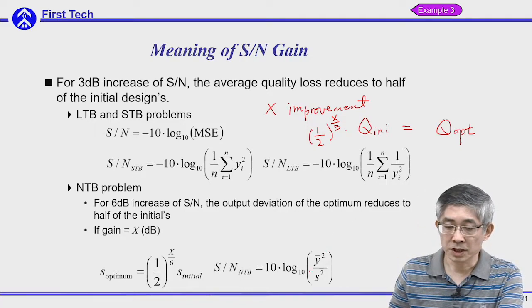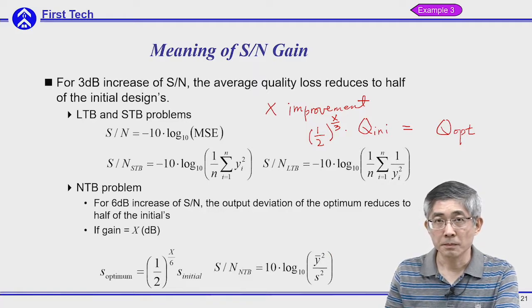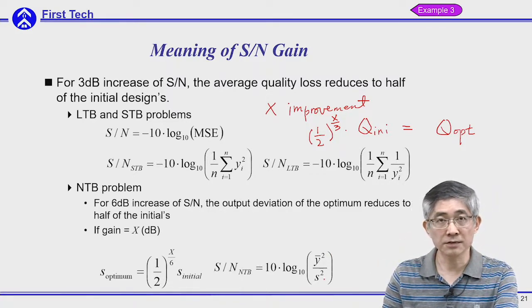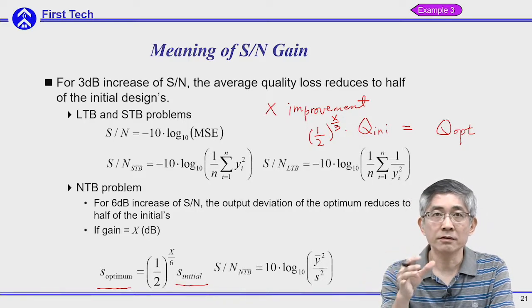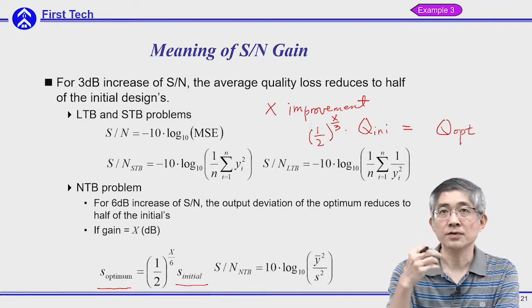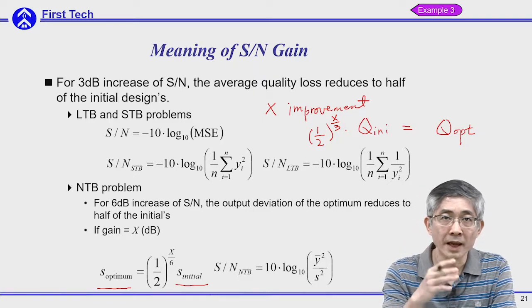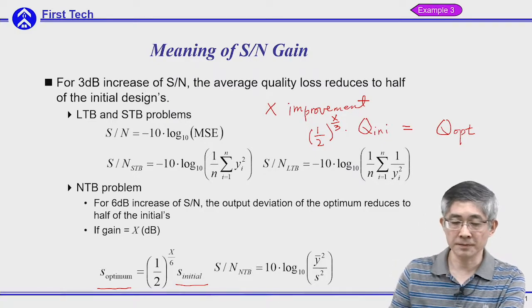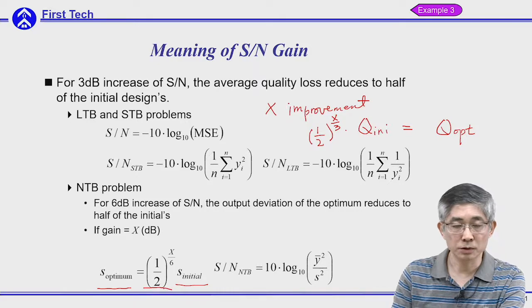Because the average is the same, at the target, the only difference between the robust design and the initial design will be the standard deviation. For nominal the best problems, every 6 dB improvement in the SN ratio means the standard deviation of the optimal design is reduced by half compared with the initial design. And this is the equation showing this relation.